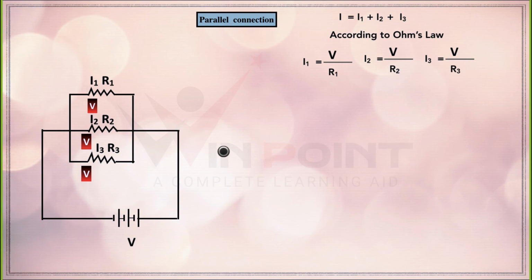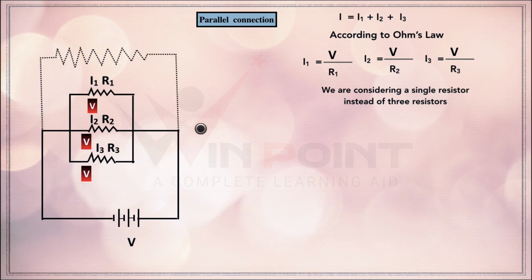Now the next step is replacing these three resistors with a big single resistor. The current is I, the resistance is R, and the voltage is V. According to Ohm's law, what will be the total current here?